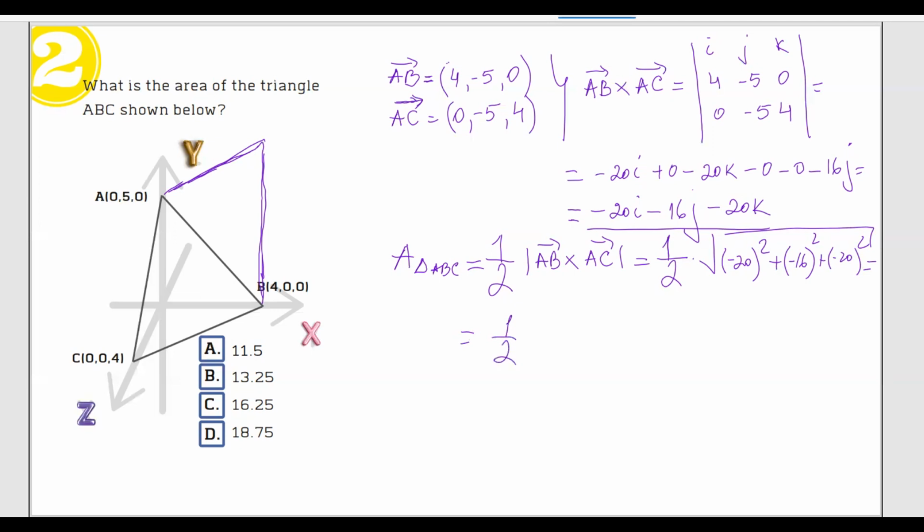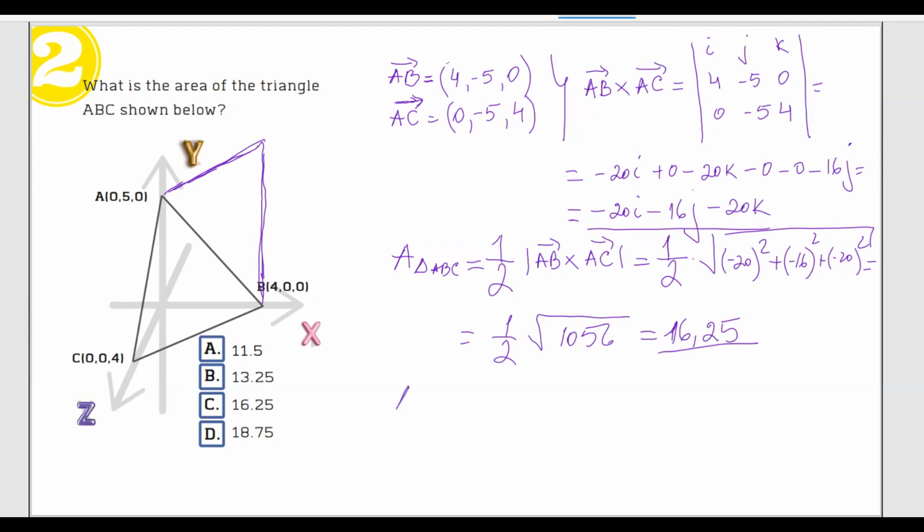I'm going to use my calculator. I'm going to have 20 squared, 400, plus 16 squared plus 20 squared, and I get square root of 1056, and I get 16.25. 16.248, I'm going to round it up to 16.25.